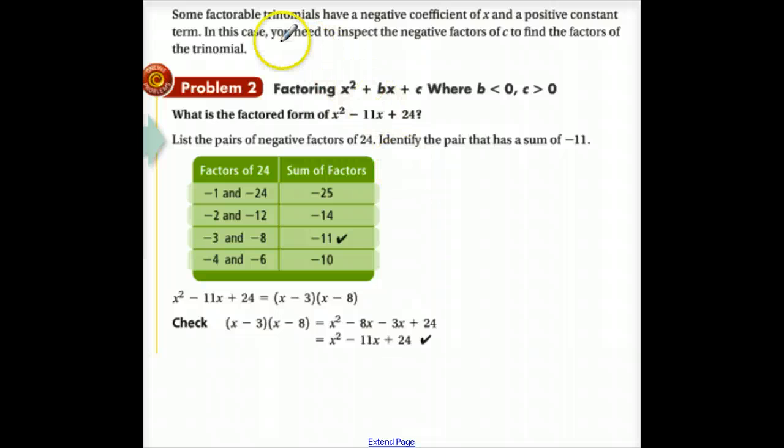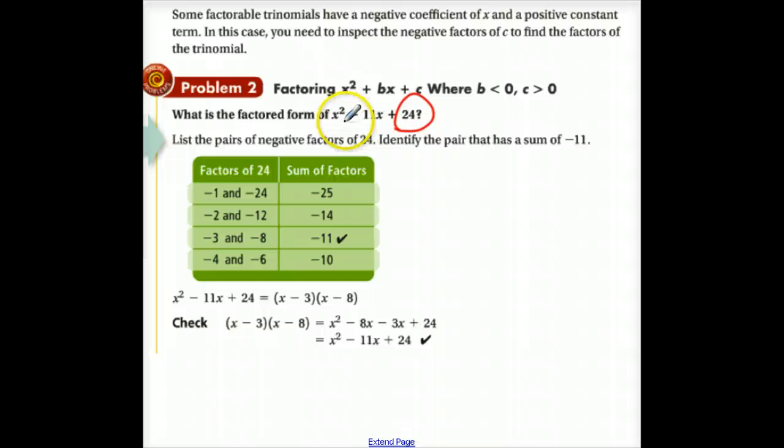Alright, sometimes the trinomial will have a negative coefficient of x and a positive constant term, meaning this middle term here is negative. So in that case, to get a negative sum, that changes it up a bit. So in this example, they needed two factors of 24, so they listed them all here.